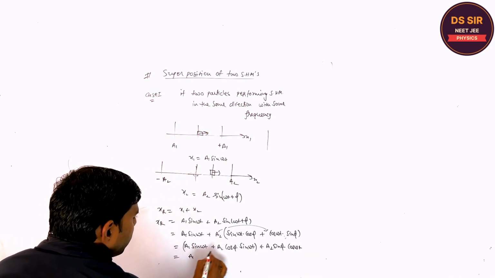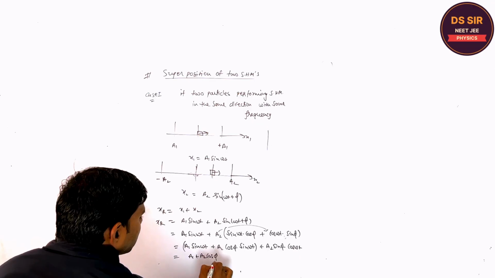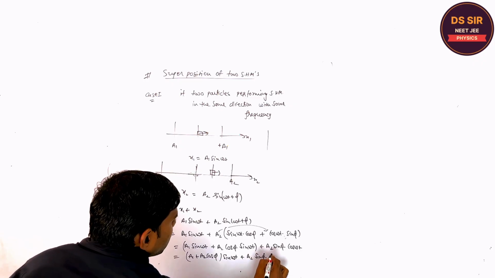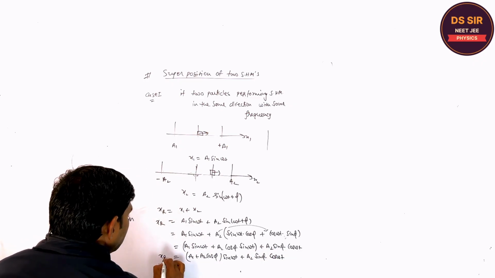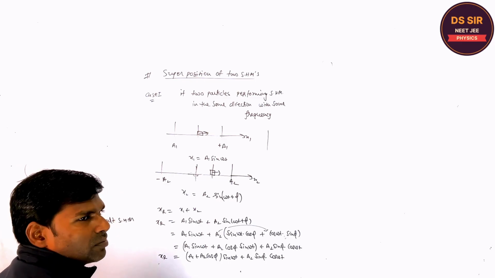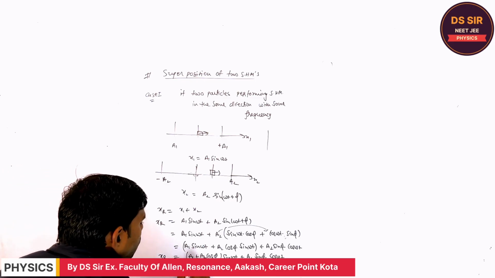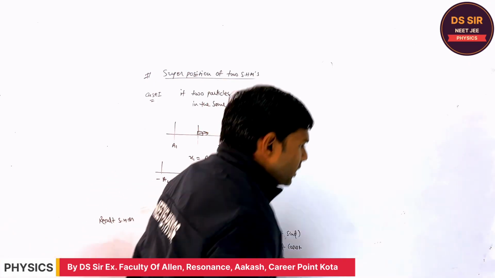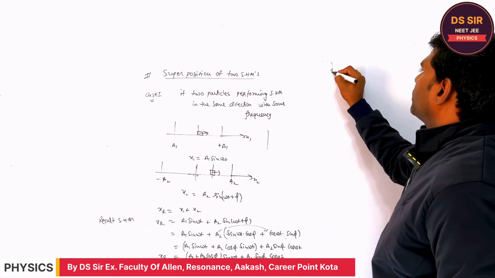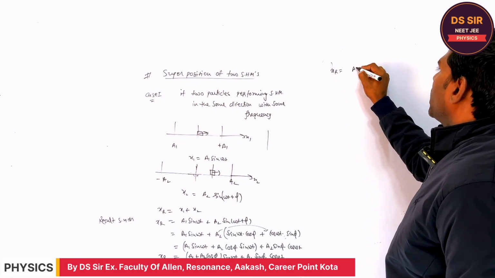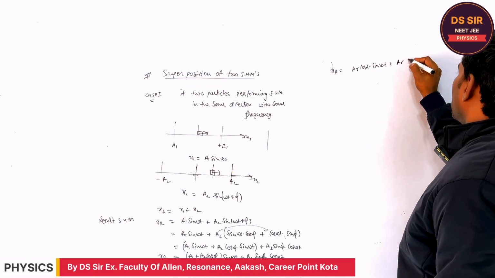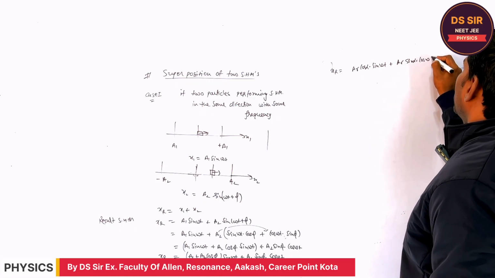Now take common: a1 plus a2 cos phi times sine omega t, plus a2 sine phi times cos omega t. So this is the resultant SHM. Is it clear or not? If you assume the first is AR cos alpha and the second is AR sin alpha, then the resultant SHM is AR cos alpha sin omega t plus AR sin alpha cos omega t.